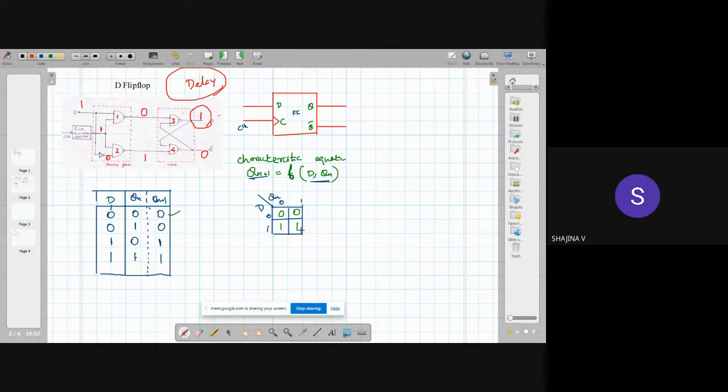Right? So what is the expression for Qn plus 1?